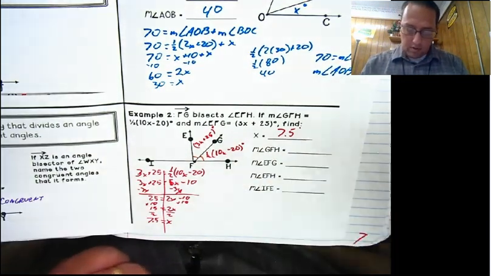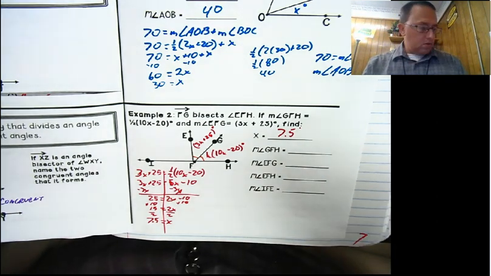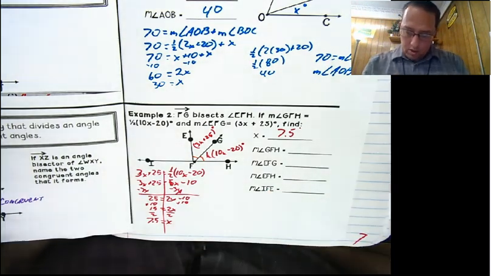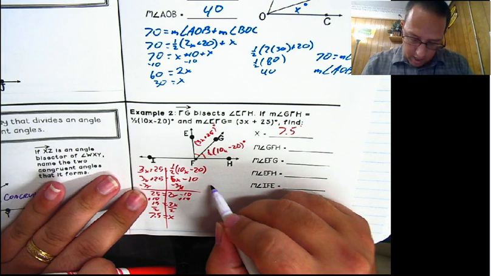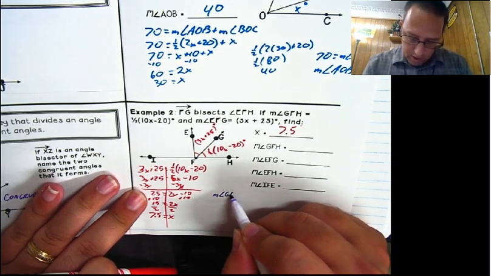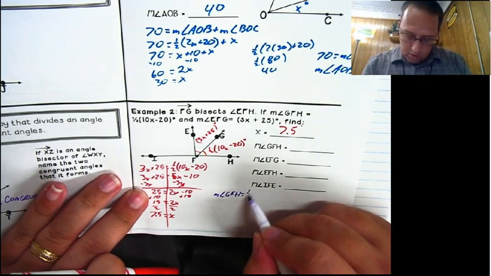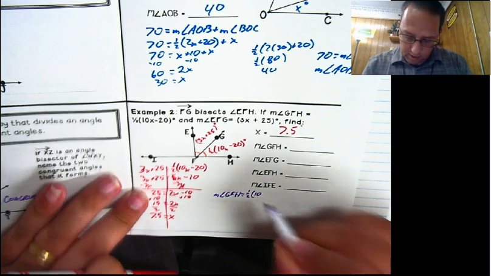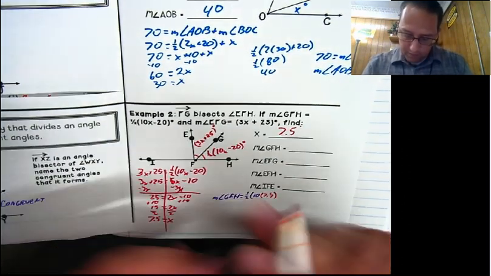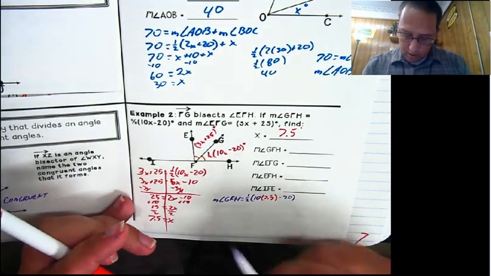So we're going to take this and plug it in right there. Let's get some other colors here. So the measure of angle GFH equals 1/2 times 10 times 7.5 minus 20.